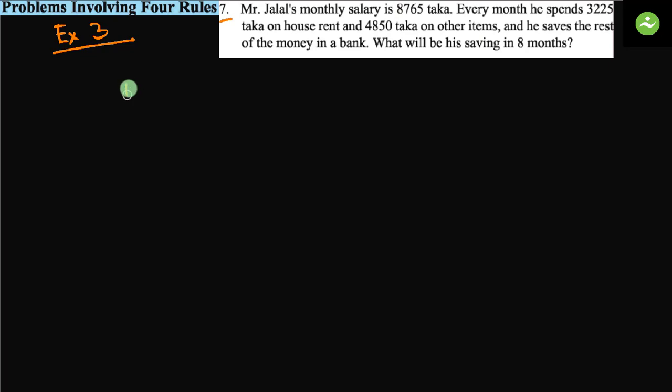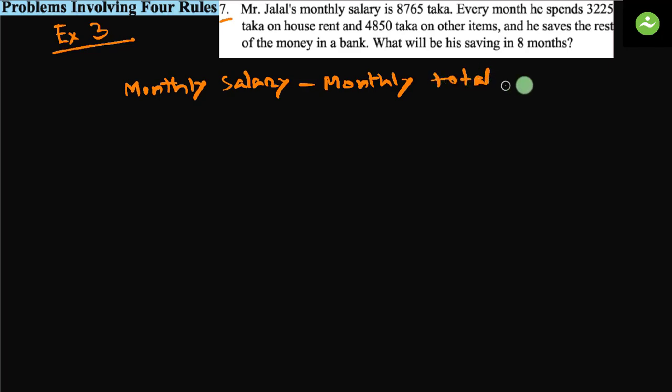Okay, monthly salary minus monthly total expenditure, or expense, whatever, total expense, equals monthly savings. Monthly savings means savings in 1 month.